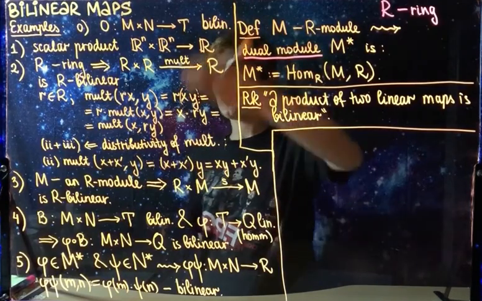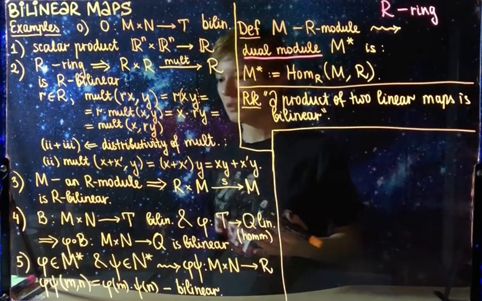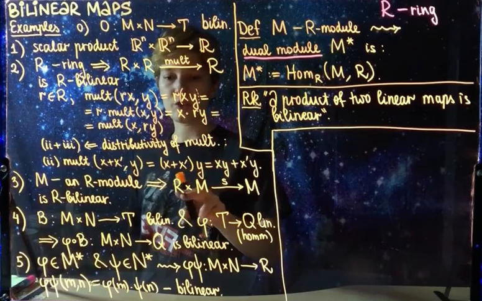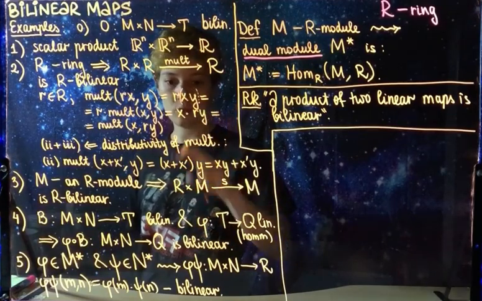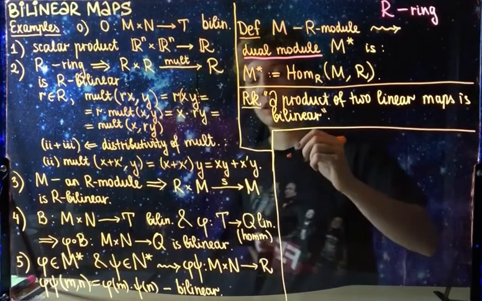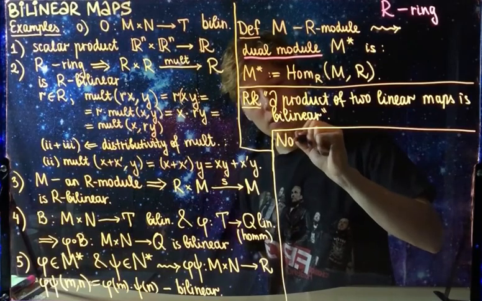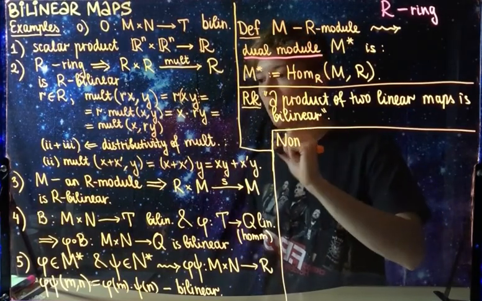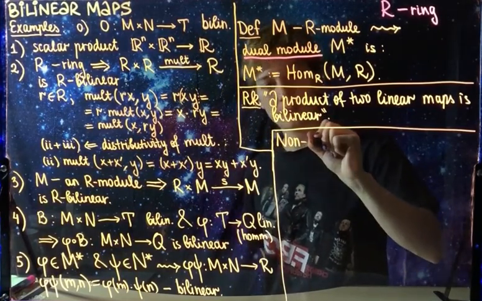So we considered a lot of examples, and we saw that one of the structure maps of a module is bilinear, but for example, addition is not bilinear, it is linear.